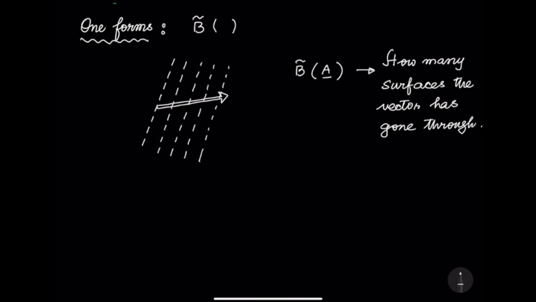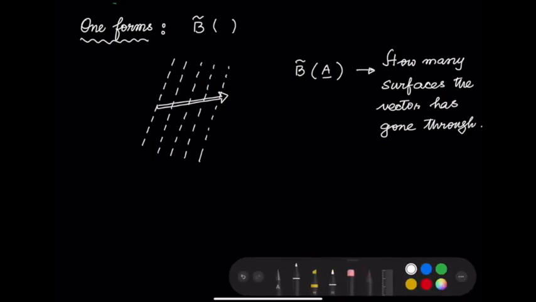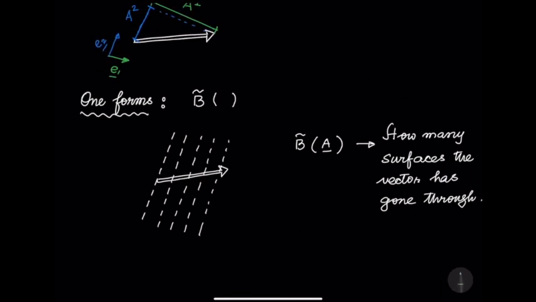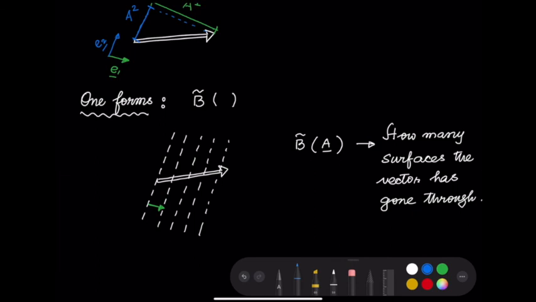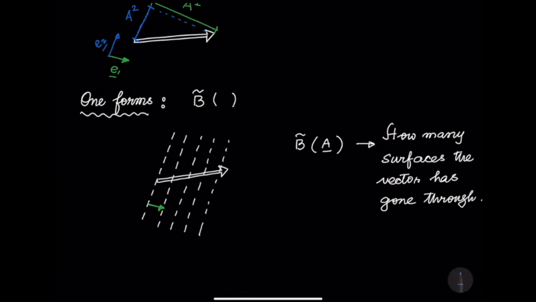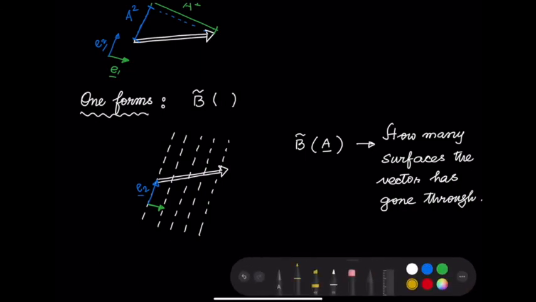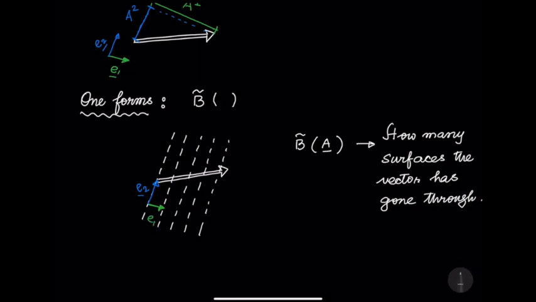How do I get the components of B? Well, instead of any vector A, I put those unit vectors. And you can see this is E2 and this is E1, just as before.